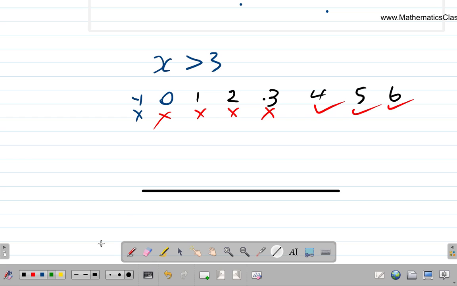And you have the numbers on the line: 0, 1, 2, 3, 4, -1, -2, -3, -4. You also have 5, 6, and so on and so forth. Those are the numbers you have on the line.